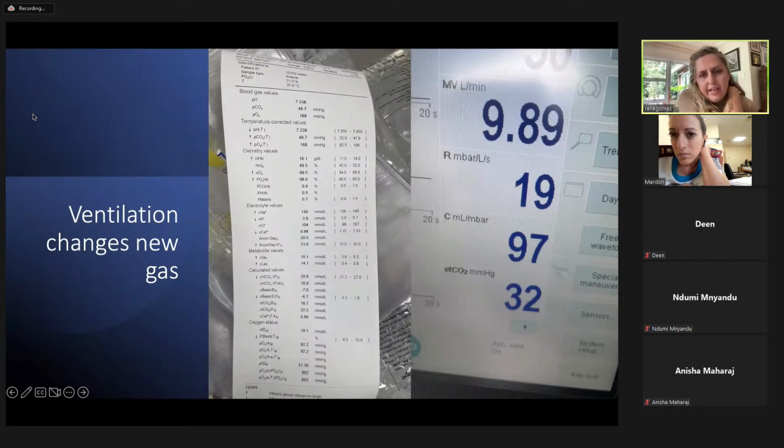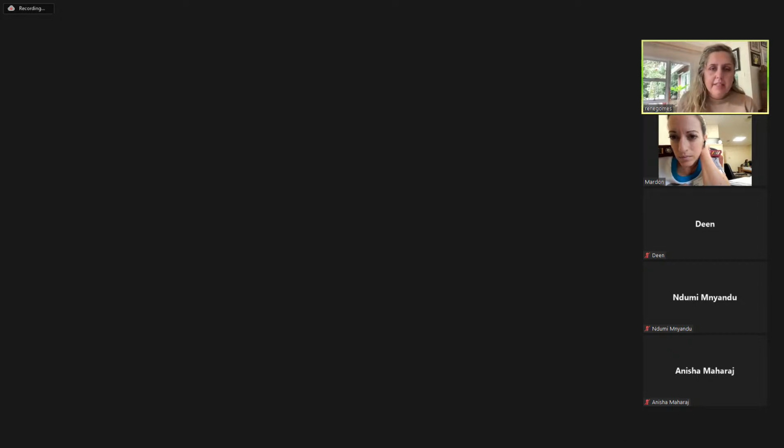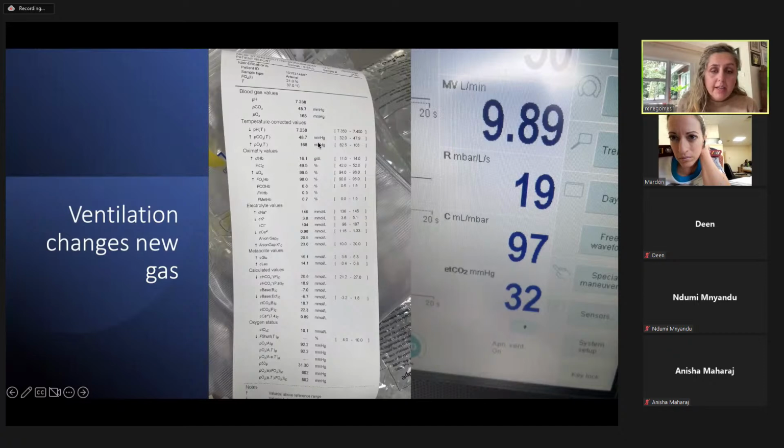And whilst we had a slightly better pH, our lactate was still going up, and that was worrying us a lot, because it immediately tells us, with the PaO2 that's so high, this is probably all about afterload, or not enough cardiac output.